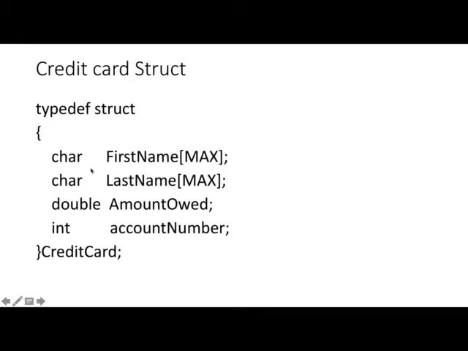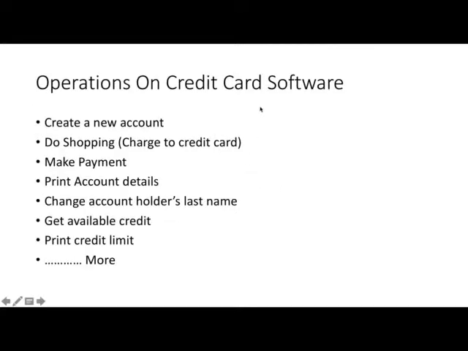So we're only going to record first name and last name. Max will be set to some number of characters, maybe 30. Amount owed and account number. So when an instance of credit card is created, it will have fields called first name, last name, amount owed, and account number. And the operations we're going to do will also not be too many.